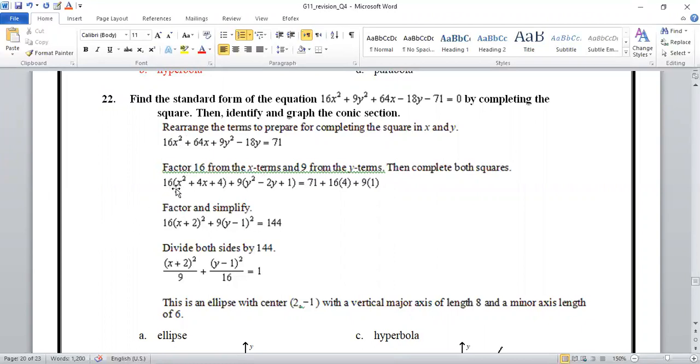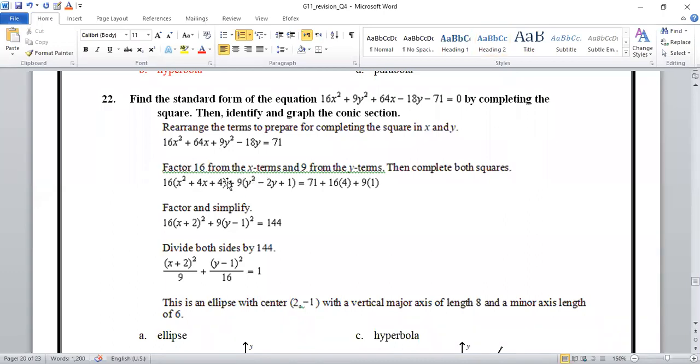16 open bracket x² + 4x + 4, okay, plus 9.